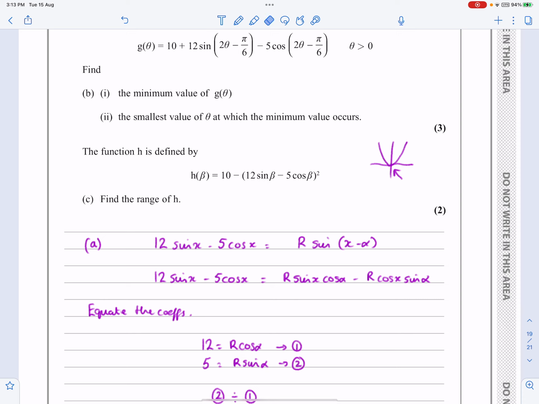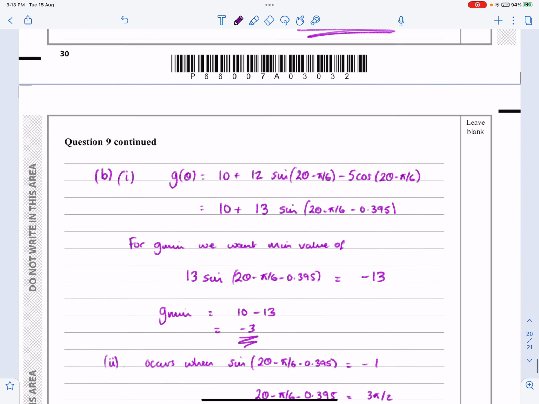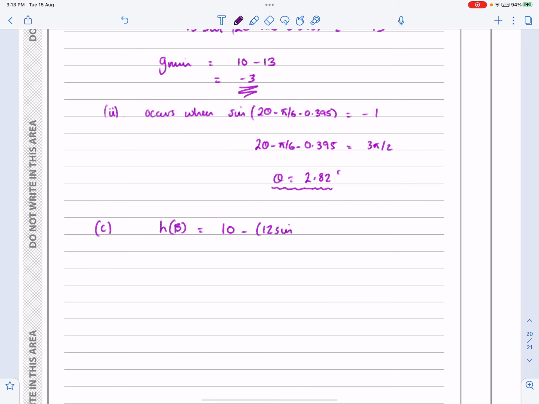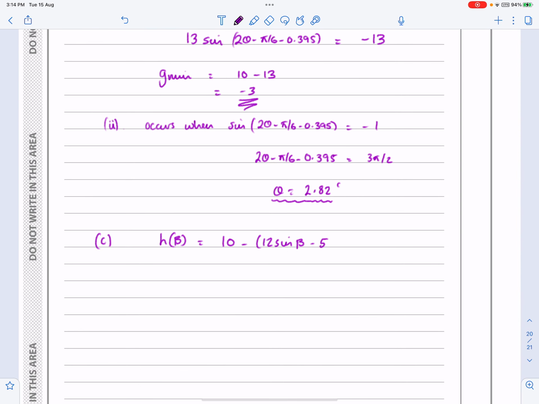Right, let's write all that down, making sure I'm making it clear enough to the examiner. Although, to be honest, in terms of the examiner, there are just 2 answers for this. So if I've got h beta, which is 10 minus 12 sine beta minus 5 cos beta squared, I would simply say, for the minimum value of h beta, subtract the maximum value.